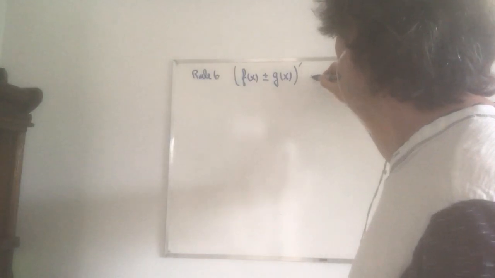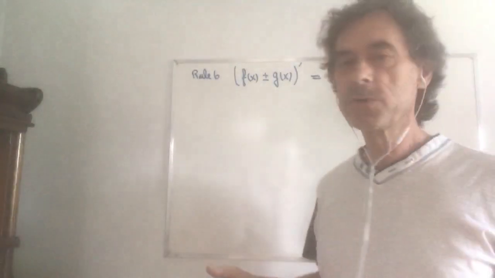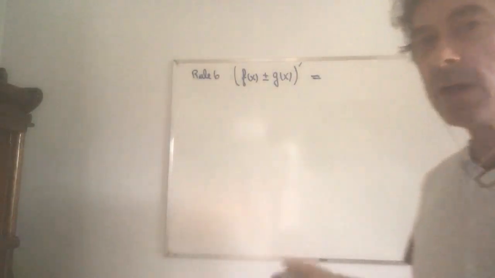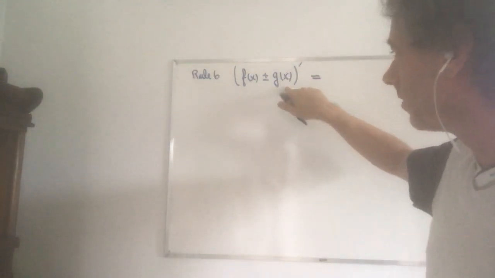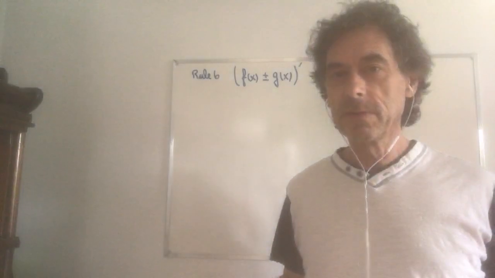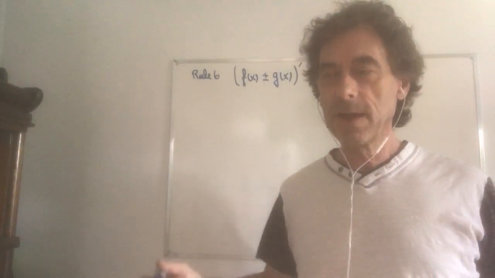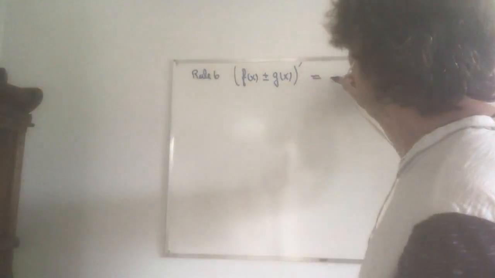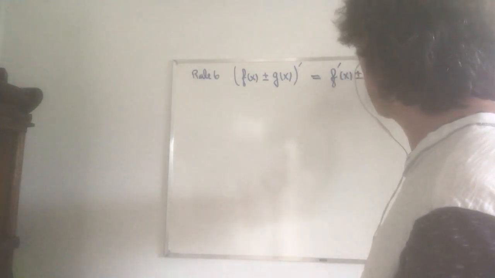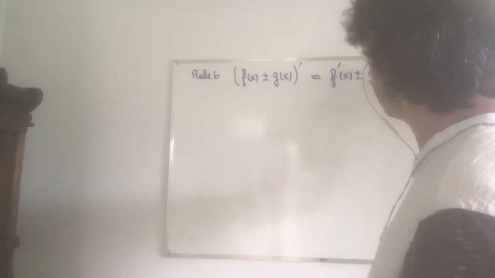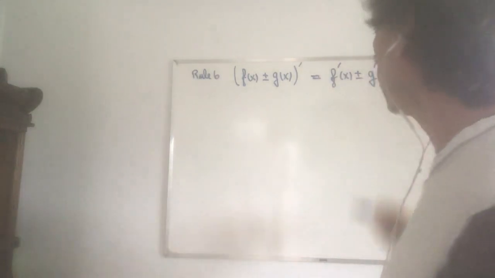Well, if we're guided by our most elementary intuition, we're thinking perhaps we should take the prime, give it to this guy, and give it to that guy. Is that true? Does that work? The answer is absolutely. This is equal to f prime plus or minus g prime.